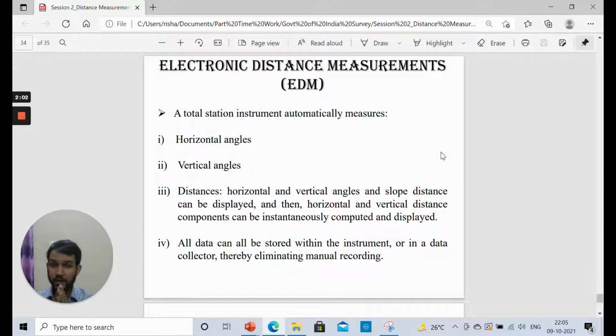If there are 2 trees located at a certain distance, firstly we will sight a tree, we will fix our instrument at that point, and then we will rotate our instrument on the tripod to the second tree. When we have sighted it, we will note the reading which that theodolite is displaying, which gives us the angle that we have traversed from the initial point with respect to this final point. This is the horizontal angle.